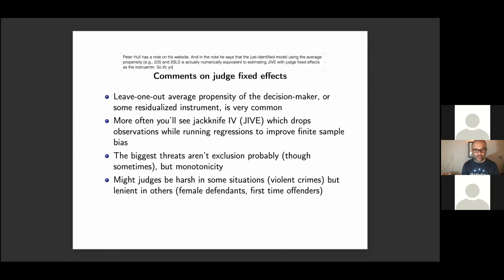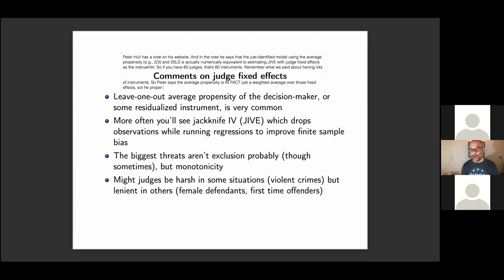So if you have 60 judges, that's 60 instruments. Remember what we said about having lots of instruments. So Peter says the average propensity is in fact just a weighted average over those fixed effects.